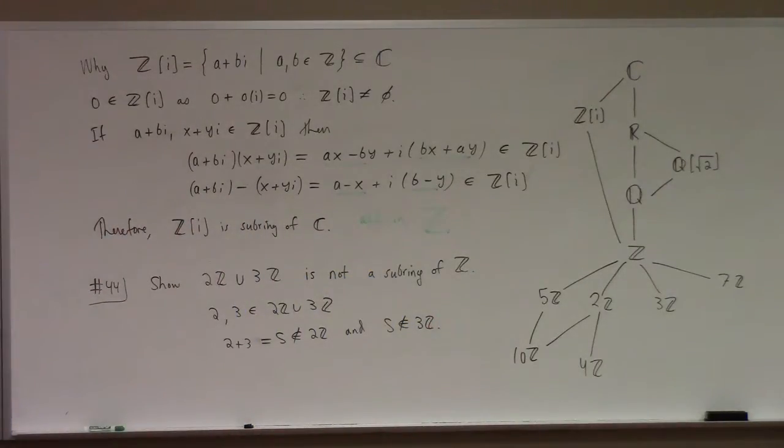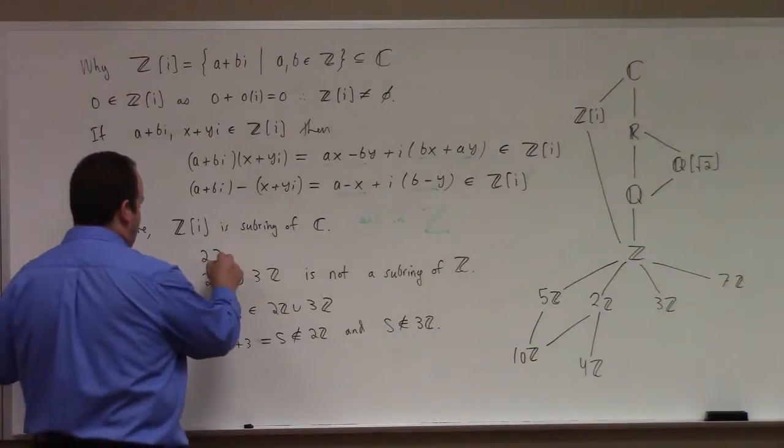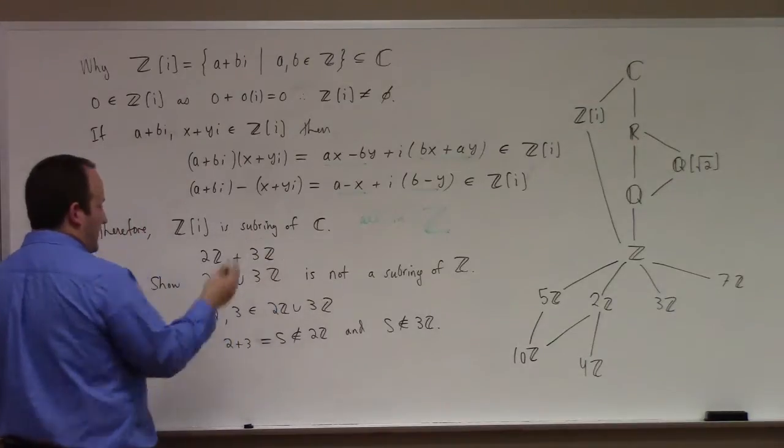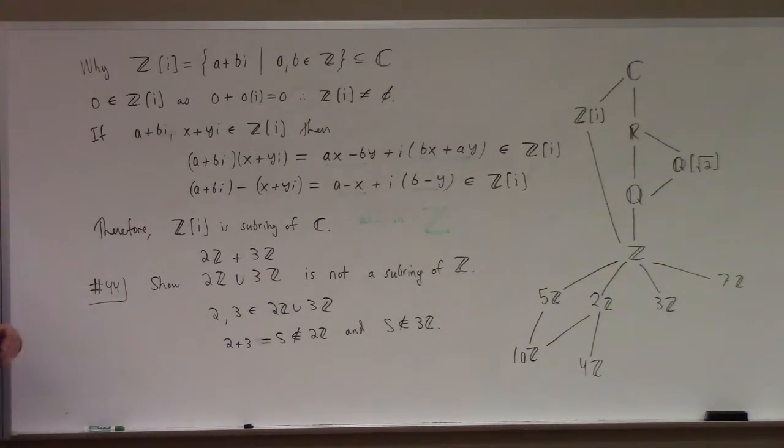And that's just the set theoretic union. It's not saying that you're adding them. It would be a totally different thing if we asked, is 2Z added together with 3Z, in terms of the usual addition of sets, a subring? Yeah, probably that's a subring. In fact, that's probably all integers.